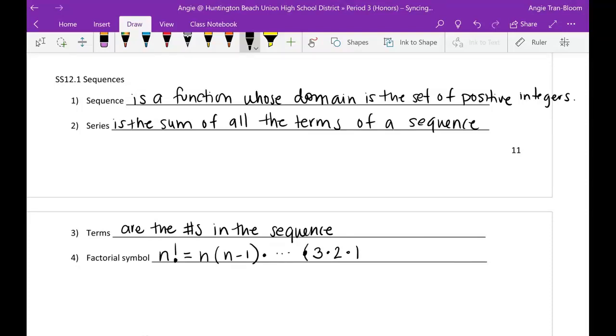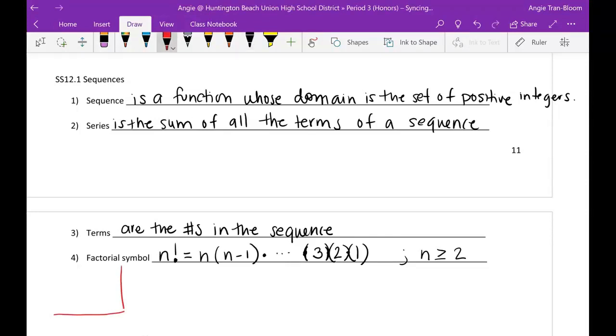If I don't want to use the dot, I can use parentheses to represent multiplication. This is for n greater than or equal to 2, because there are some special things with factorial.